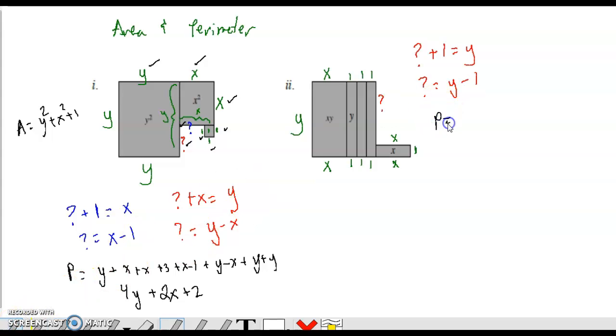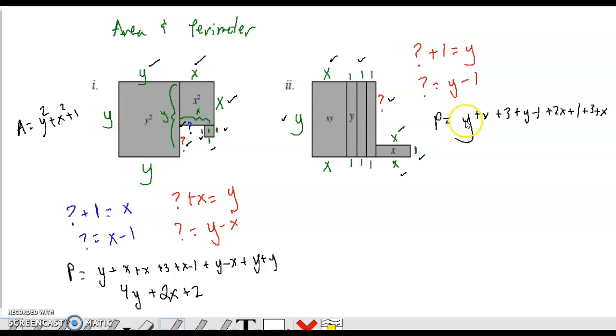So how do I find my perimeter? So let's add this up. So I have a y, check mark, x, check mark, 1, 2, 3, question mark, y minus 1, check and check. And then I have an x and x, so that's 2 x's plus 1, so bam, bam, and bam. 3 and another x, so 3 and x.